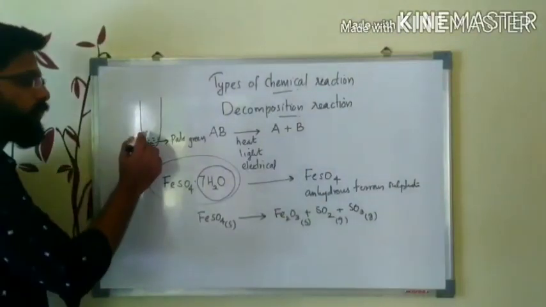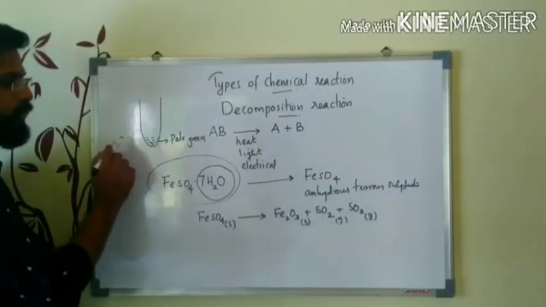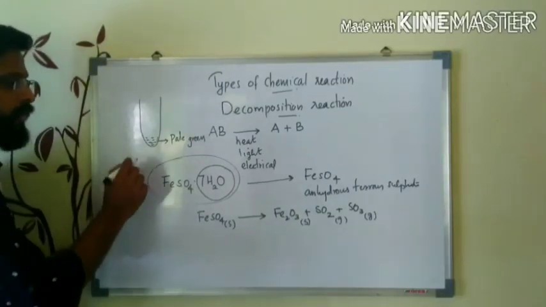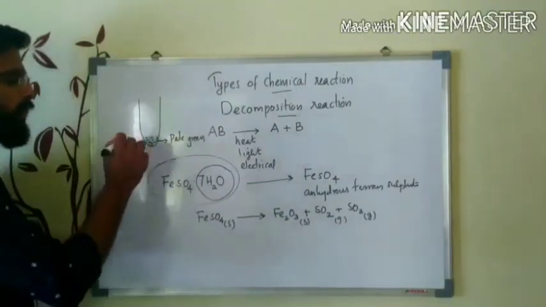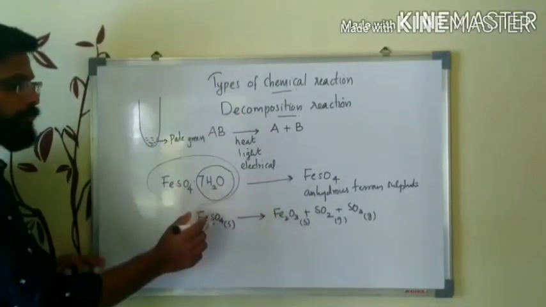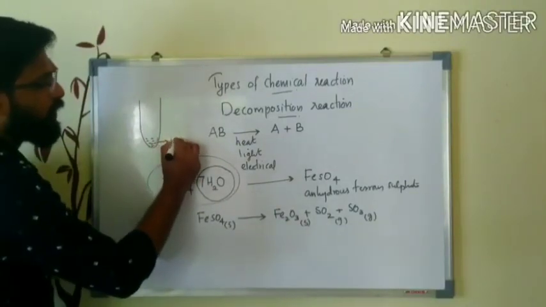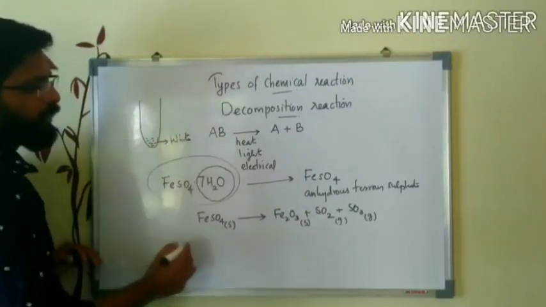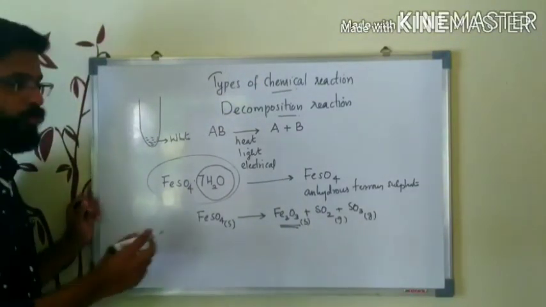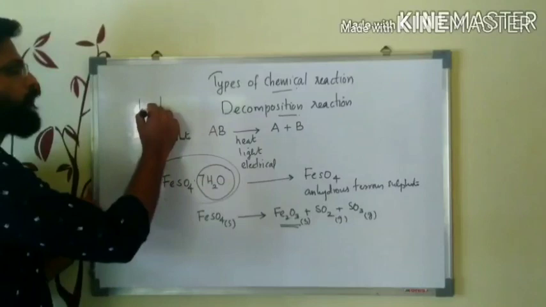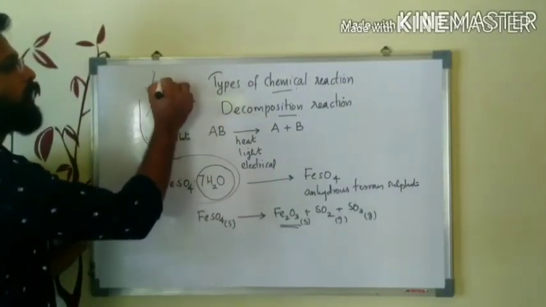So in the experiment, if you add some ferrous sulfate into the test tube and heat it, it changes into anhydrous ferrous sulfate. Heat it again and a solid substance, ferric oxide, will be formed, and the gases SO2 and SO3 will evolve out.